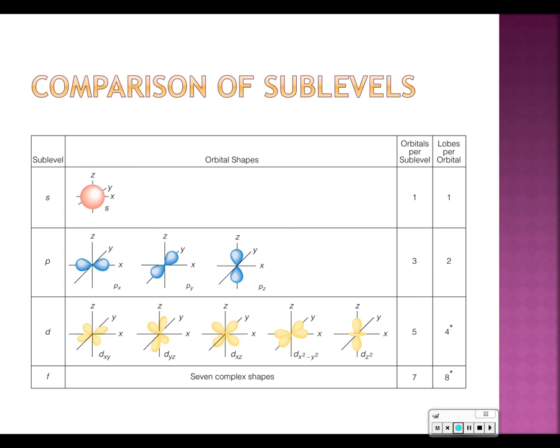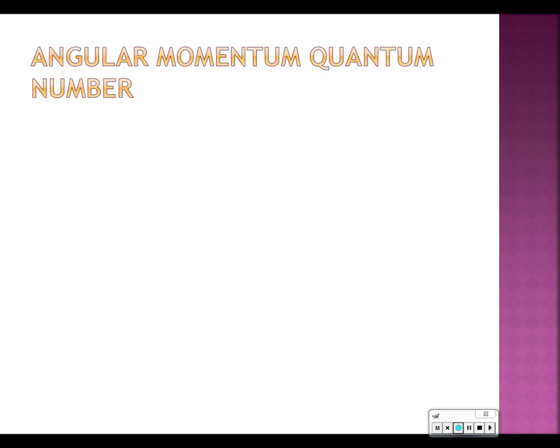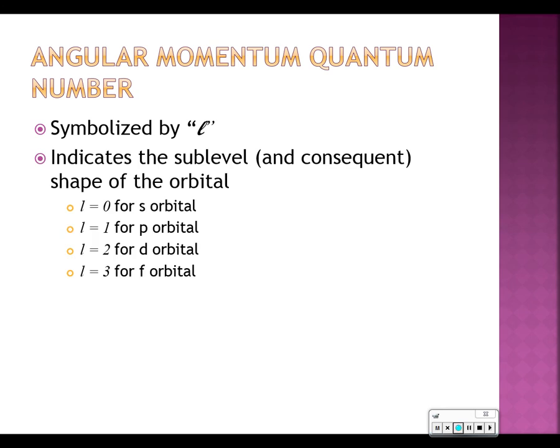So, the angular momentum quantum number. We use the letter L to represent the angular momentum quantum number. It tells us which sublevel and, consequently, the shape of each orbital.